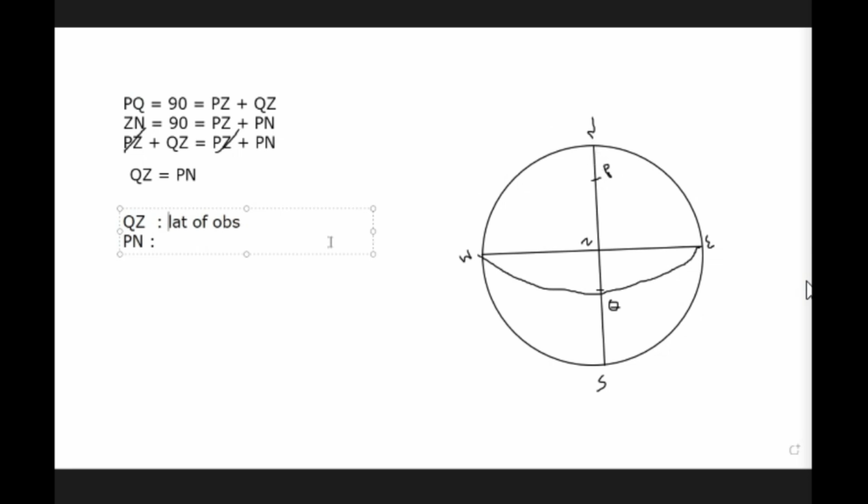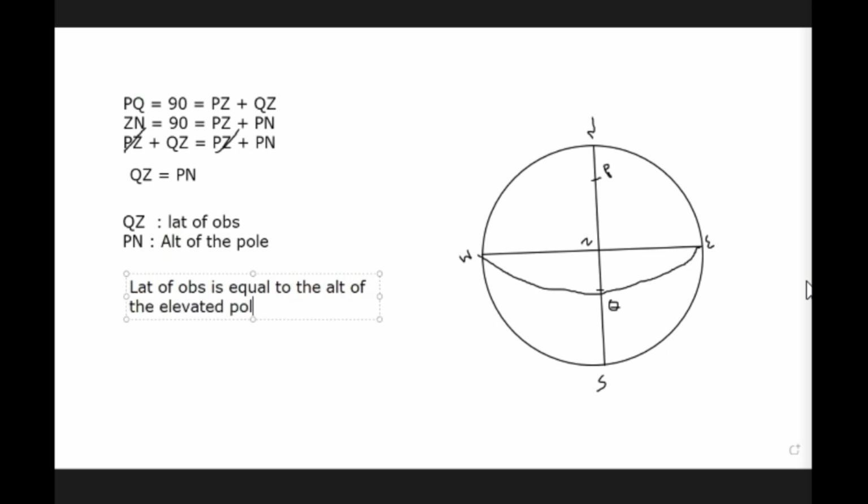So can we say Pn is the altitude of the pole? Yes, sir. Altitude of the pole, because that is the vertical circle ultimately, no? Nz is the vertical circle. Therefore, we can say that latitude of observer is equal to the altitude of the elevated pole.